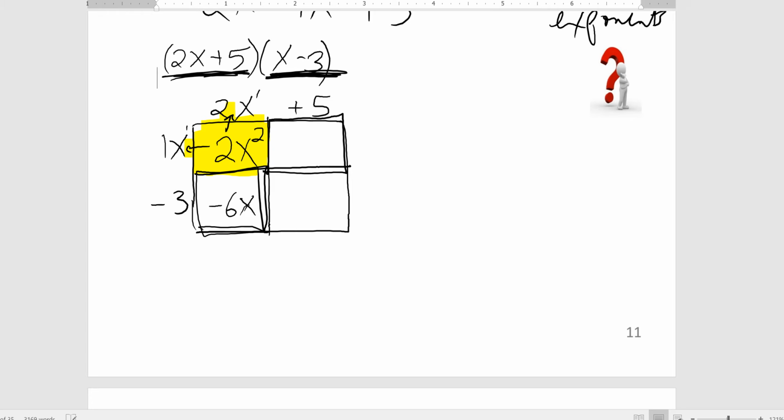Okay, next square. We look to the left, the x, and above, the 5. 5 times x, again, nothing to really multiply, just put them together. Okay, and last square, if we look up to the 5 and left to the negative 3, 5 times negative 3 is negative 15.